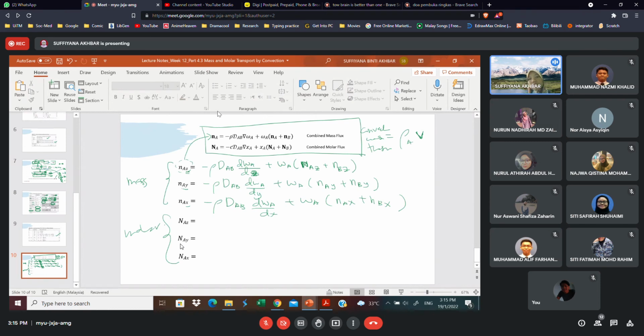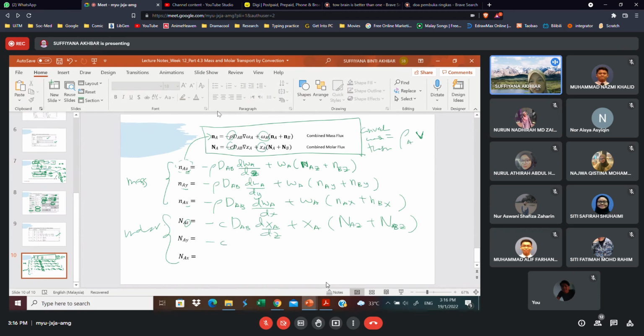Okay. And then formula. Okay, so molar the difference kat mana? Dekat sini. Itu saja. Okay, so that is here negative C DAB dXA, component A direction Z, plus XA, NAZ plus NBZ.